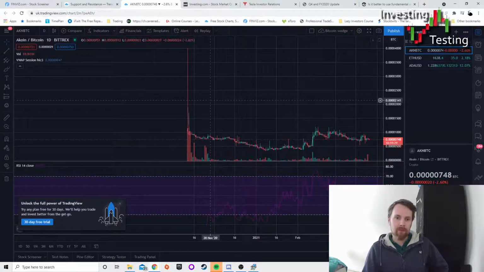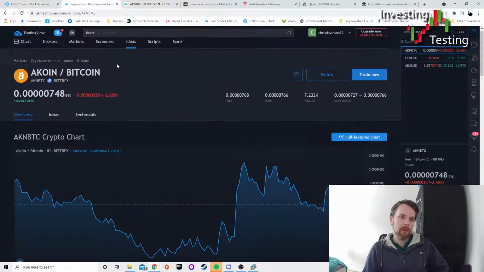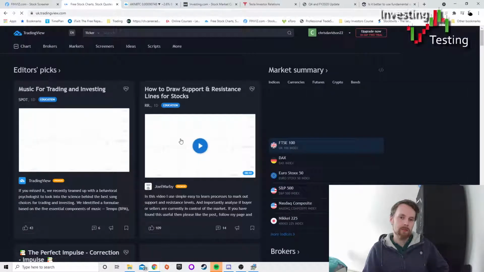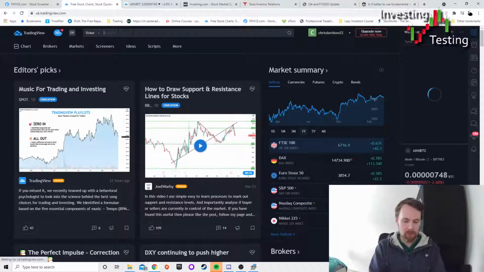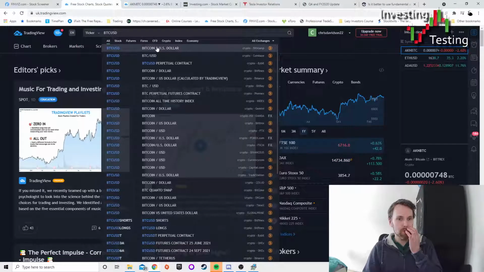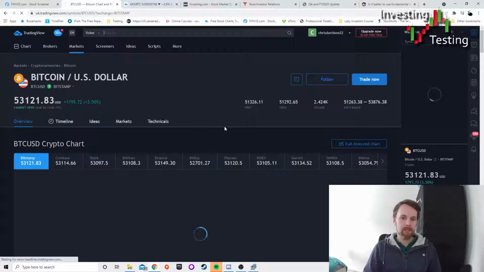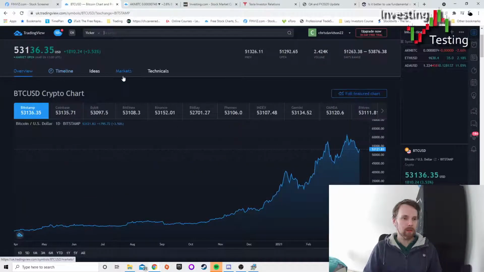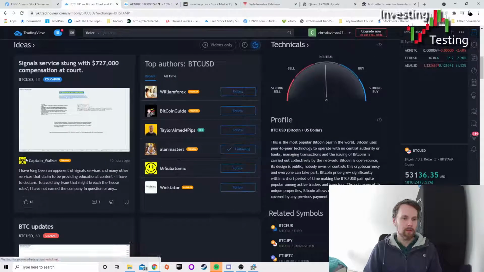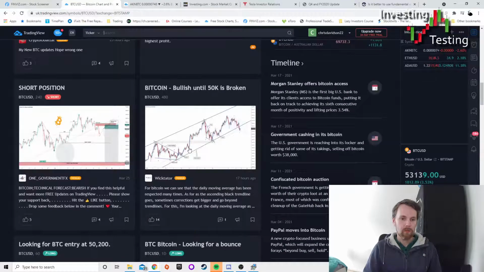So we have TradingView, where we can actually have a look to see different charts. If you're wanting to look at, for example, Bitcoin versus US dollar, and you're wanting to see what other people are thinking about this at this particular time, you can have a look down here, the ideas section, and you can see what people think.